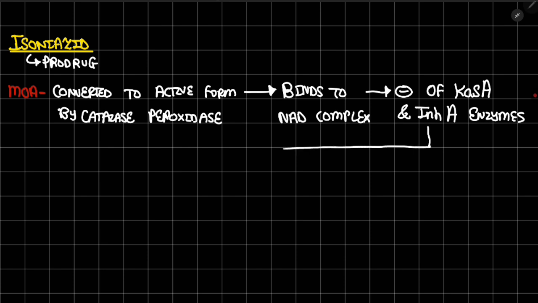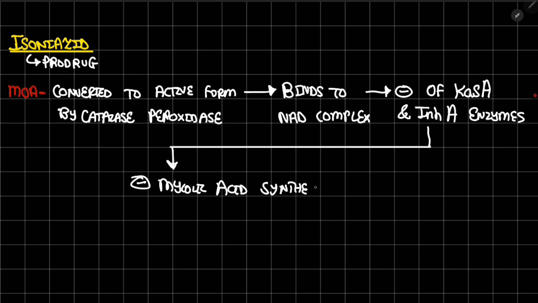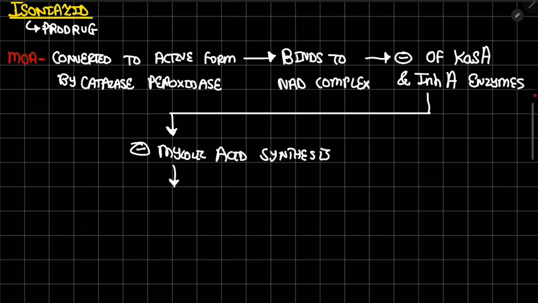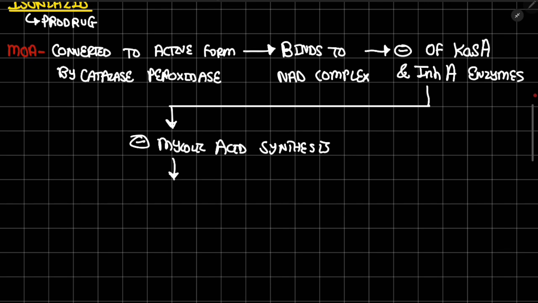These enzymes are involved in the synthesis of mycolic acid, so we have inhibition of mycolic acid synthesis, and we know mycolic acid is present in the cell walls of bacteria. If there is no mycolic acid synthesis, the cell wall of the bacteria will not be formed and death of bacteria will occur.